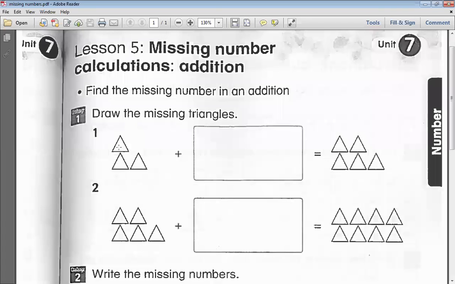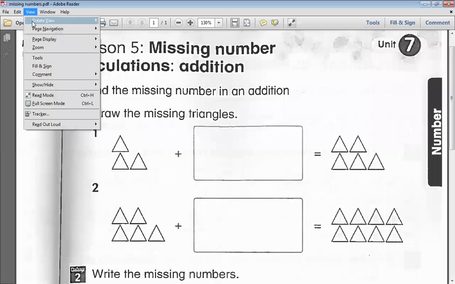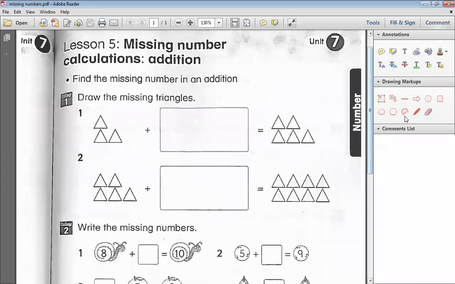Okay, no problem. How many triangles do I have here? 3. Okay, and in the total 1, 2, 3, 4, 5. Then he needs these 3 to be 5, right? So I will start drawing the missing triangles while I am counting. After the 3, 4 and 5.